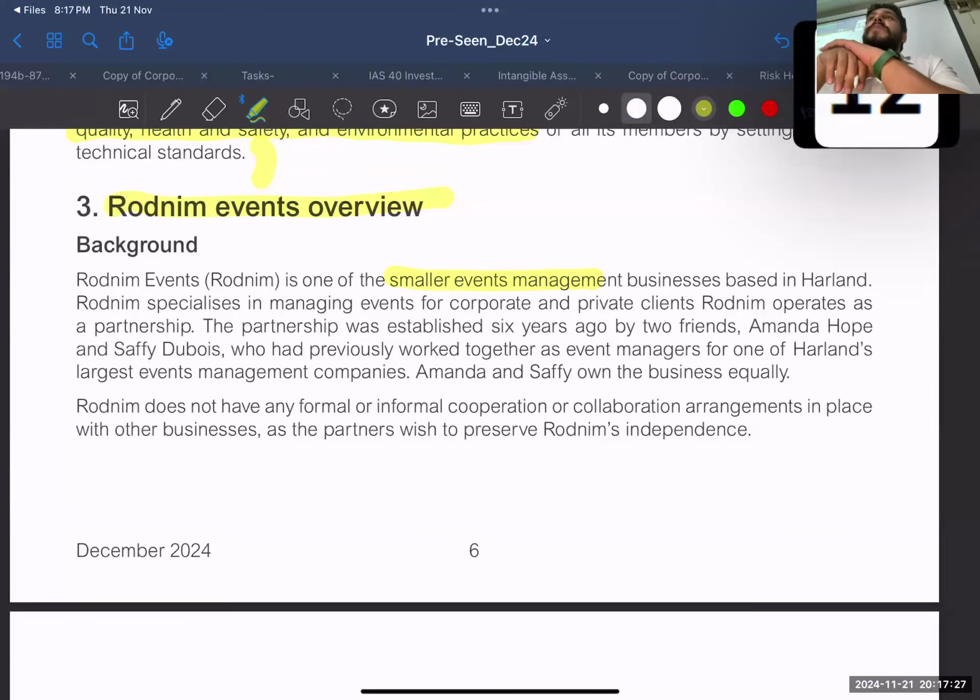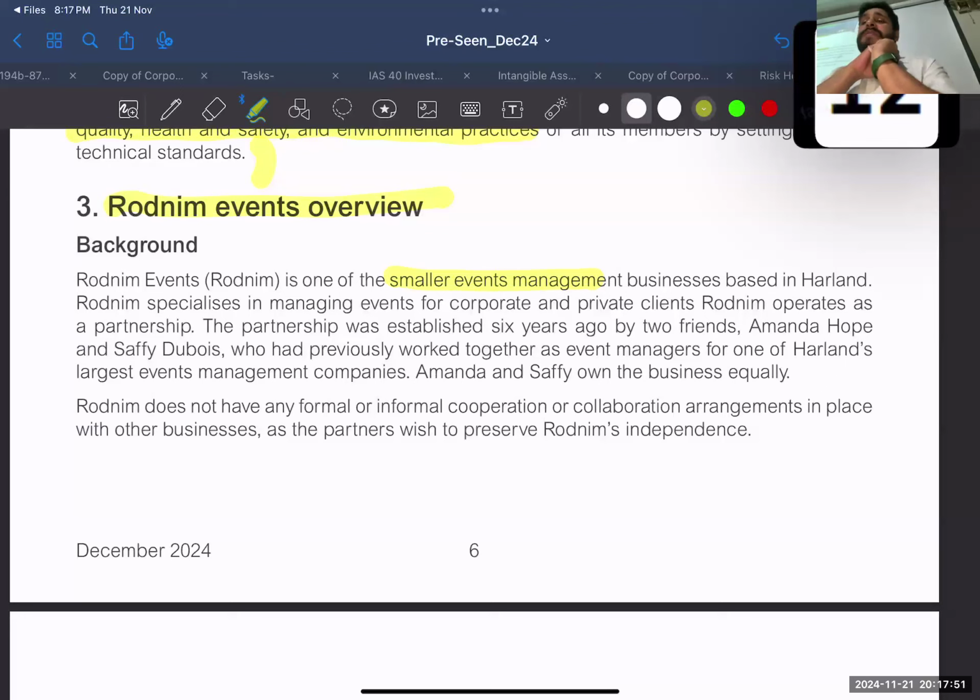The Rodnim company is an event management company and the Sodnim company is a security company, or a food business, or a cooling service provider business, or any other business that can complement the Rodnim event management services.